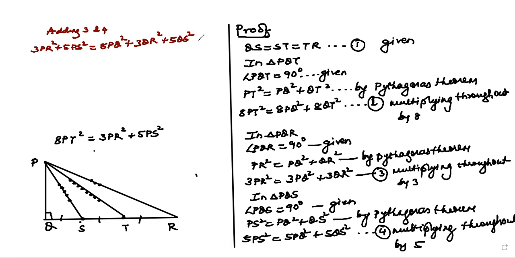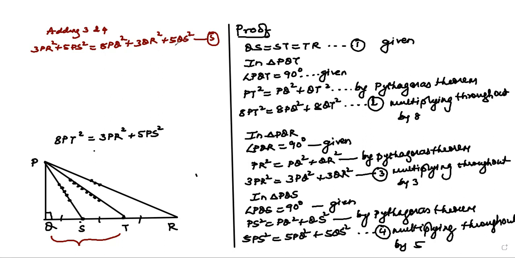That is your statement number; you can call this 5. Okay, now listen. You got 8PQ square, but somehow I want 8QT square in my answer. So you can see here this 3QR square and 5QS square.